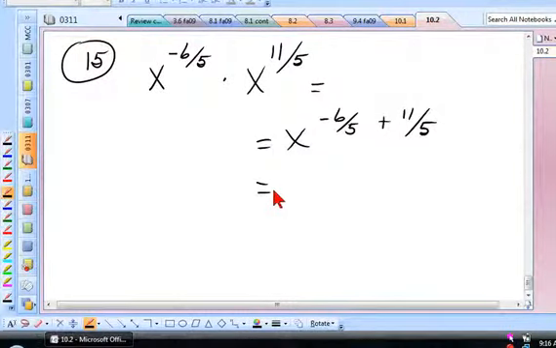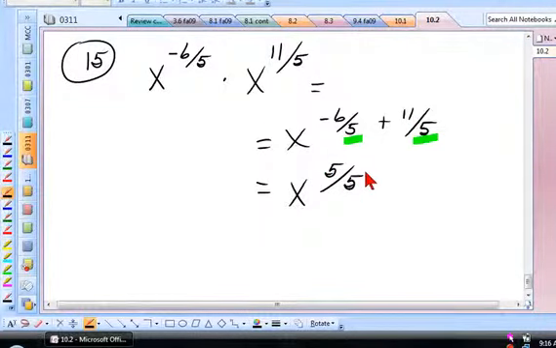Well, we have been given a gift of a common denominator. Those already have the same denominator. And since those are both 5s, all I have to do is perform the arithmetic with their numerators, and I'm going to have x to the, what is negative 6 plus 11? It is 5. And it stays over 5.